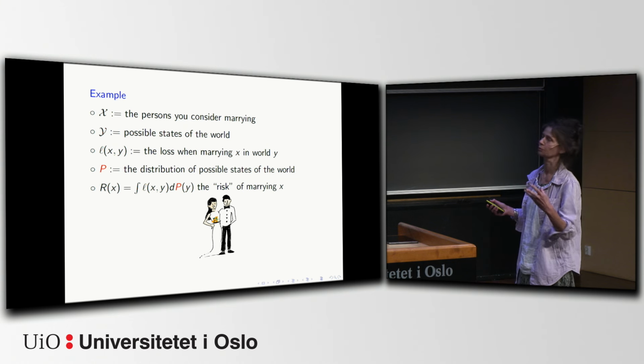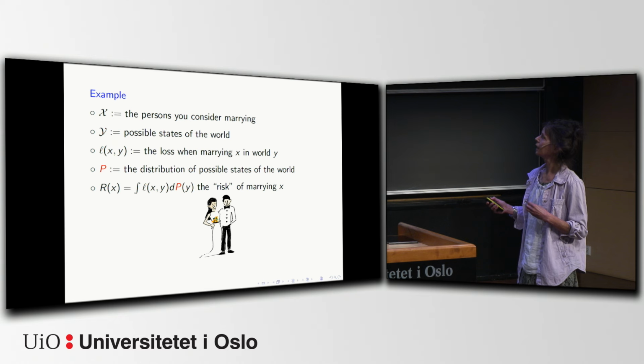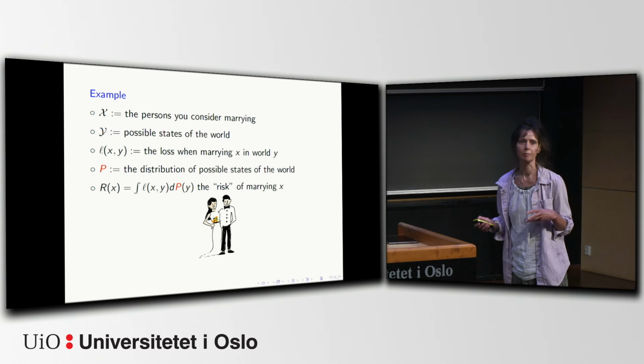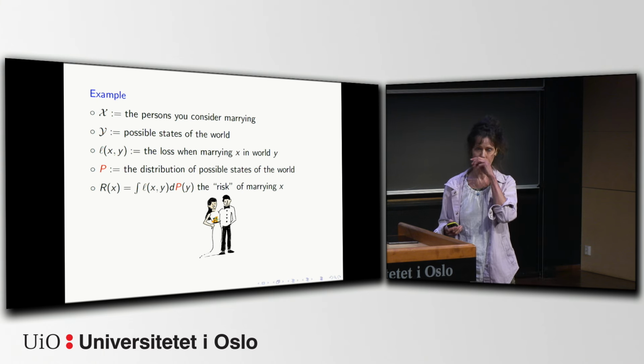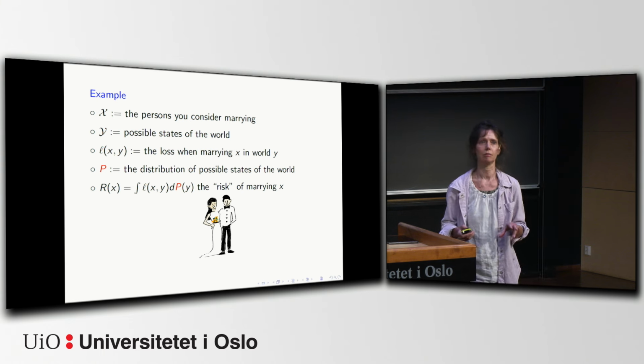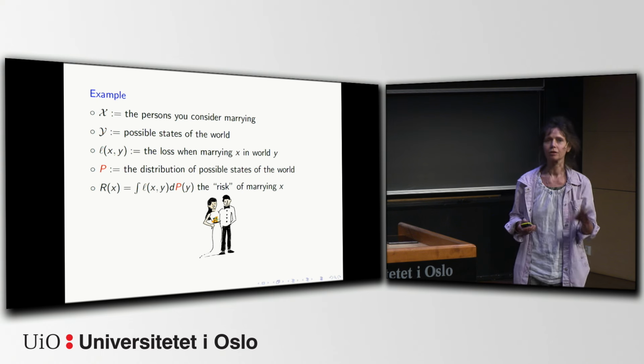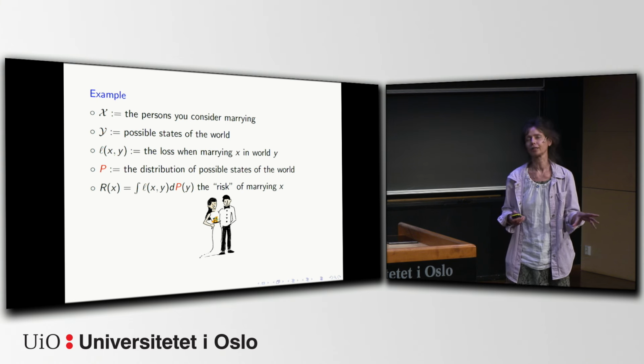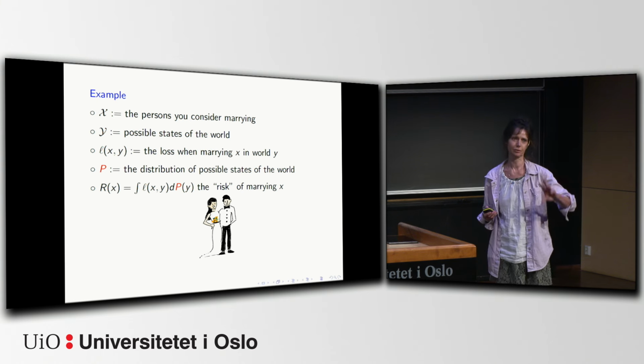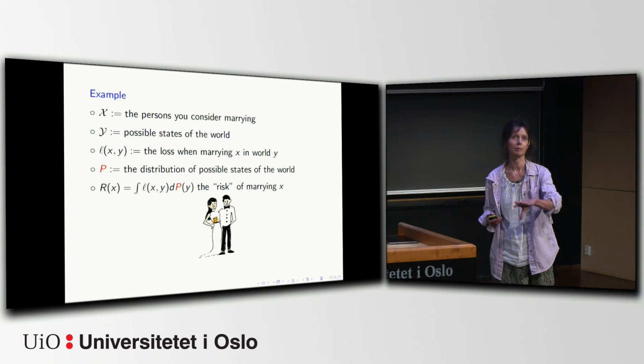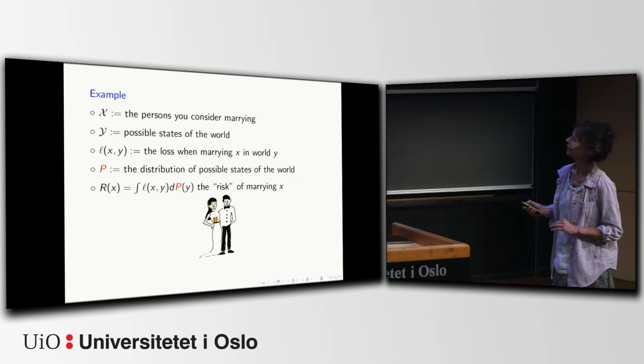Given a possible state of the world, you have a certain loss when marrying person X. I'm sorry, this is a negative way to put it. You call it a loss function, but maybe I should call it a happiness function, or minus happiness. Call it minus happiness. Okay?